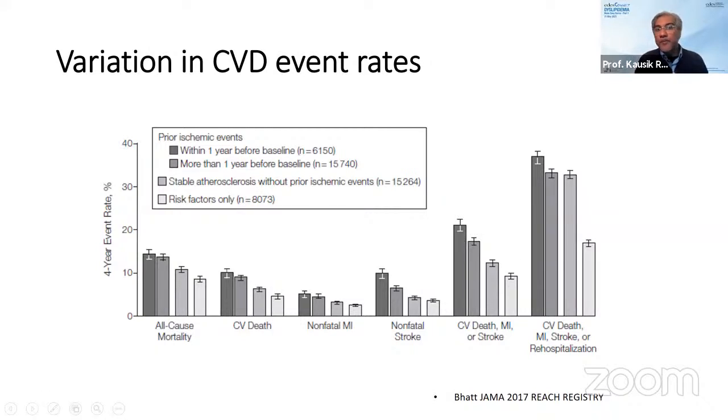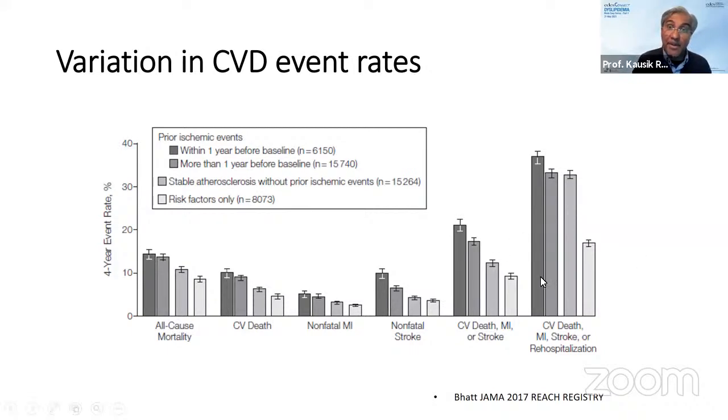There are people who have stable presentations, and you might think that they must have the same event rate. They don't necessarily. Part of the reason is these are people that probably have some protective factors. Even though they are progressing, they have progressed with more stable disease and not an acute thrombotic plaque or unstable event.